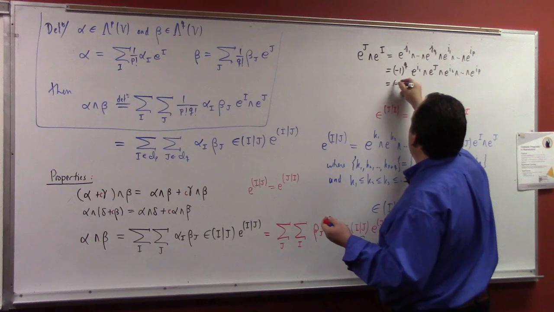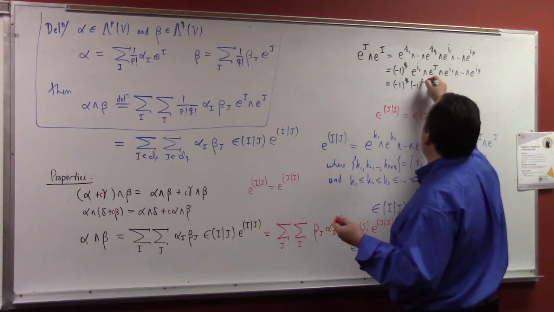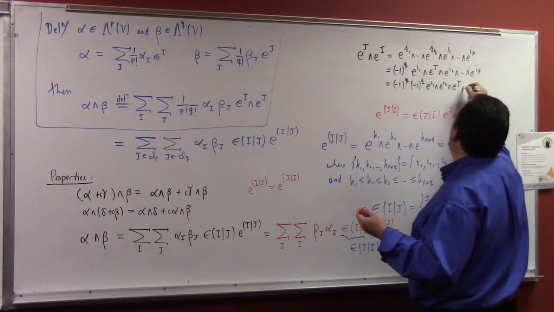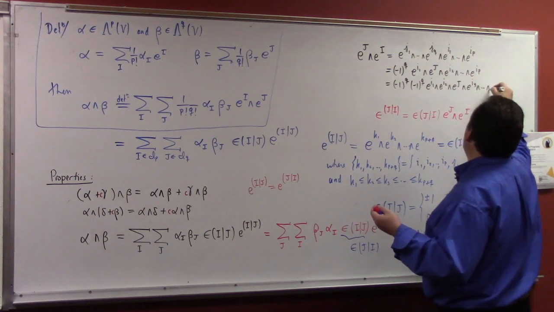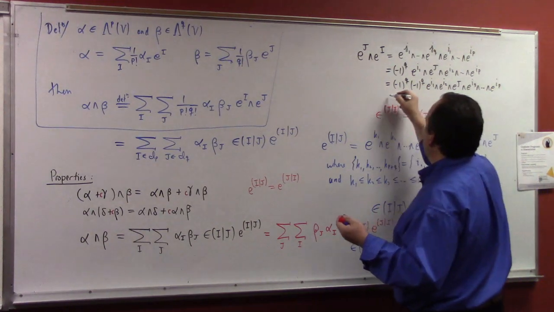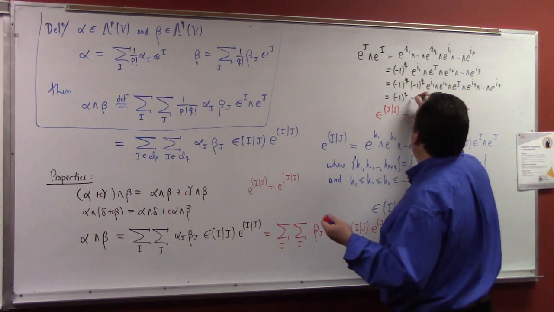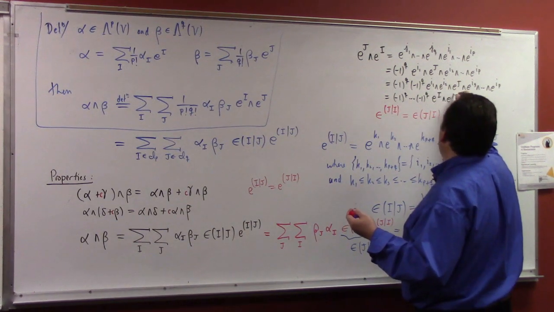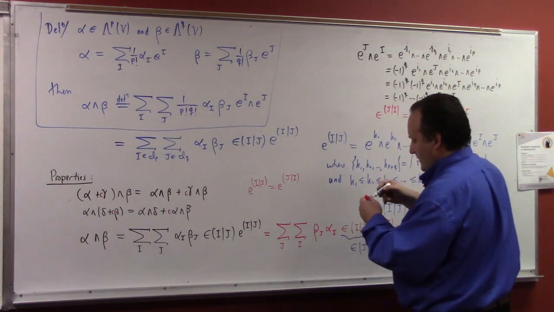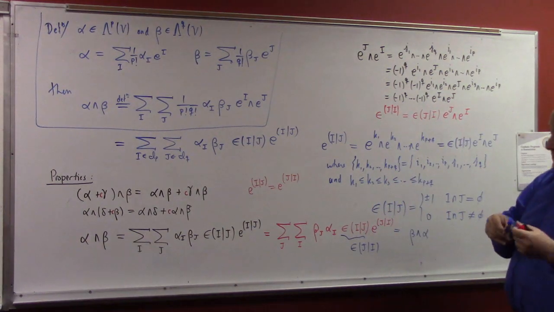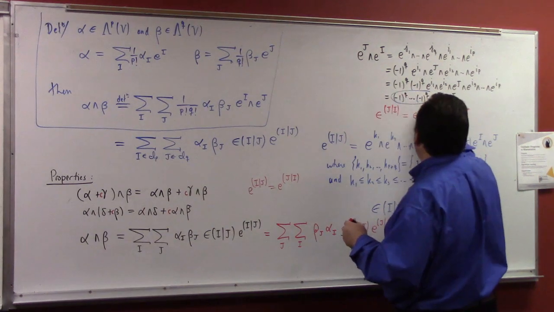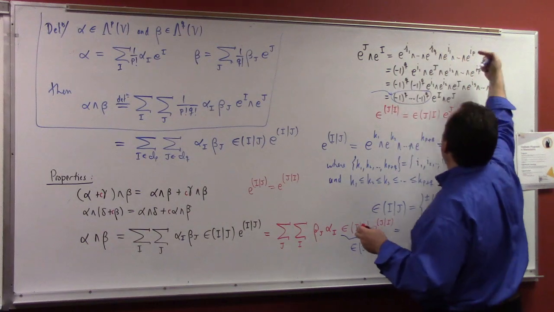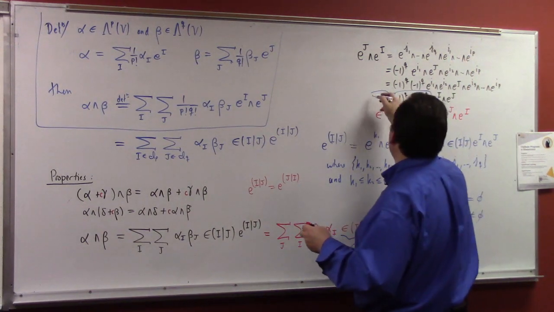And so I get minus 1 to the q, minus 1 to the q, ei1 wedge ei2, wedge ej, wedge ei3, wedge eip. Okay, so this continues until we eventually have minus 1 to the q, minus 1 to the q, ei wedge ej. How many of these do I have? Well, I have as many indices as I have, and I have as many of these as I have indices. There are p-fold of those, exactly.